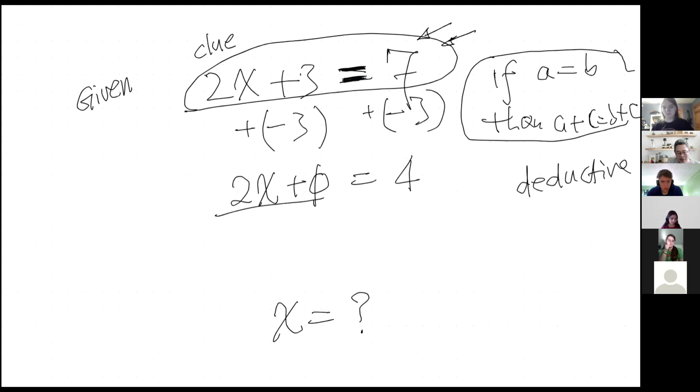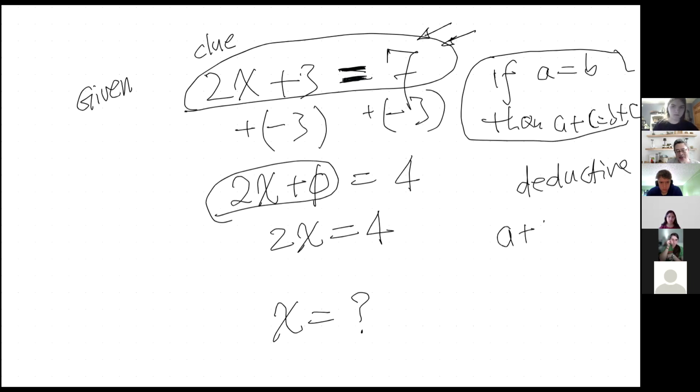And what is that property? We're using the property that a plus 0 is equal to a. So what's that property? Identity property. Very good.